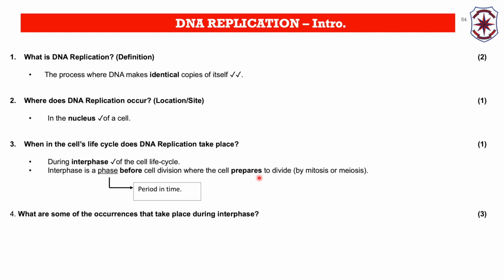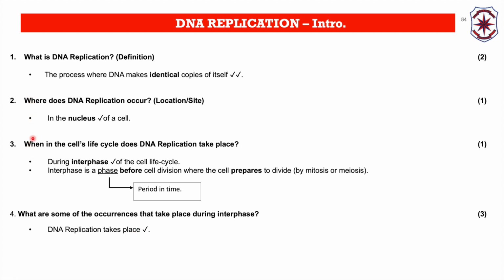Next question. What are some of the occurrences that take place during interphase? So what happens during interphase? DNA replication takes place. So if you get a question that says what happens during interphase, I doubt that you're going to receive that question. But if, let's say, you get that question, you are going to say DNA replication takes place.